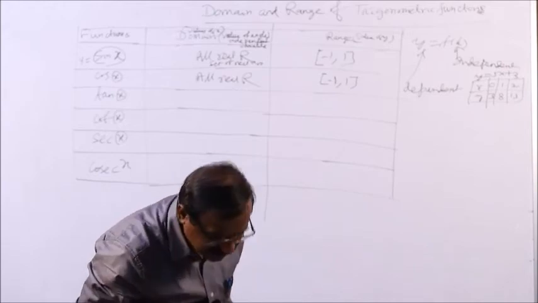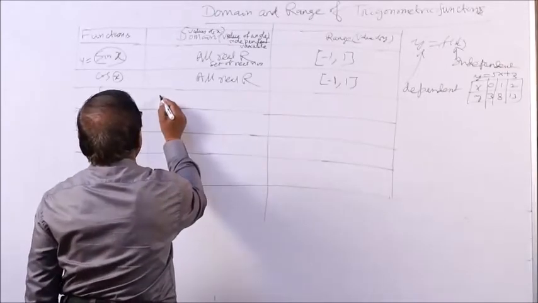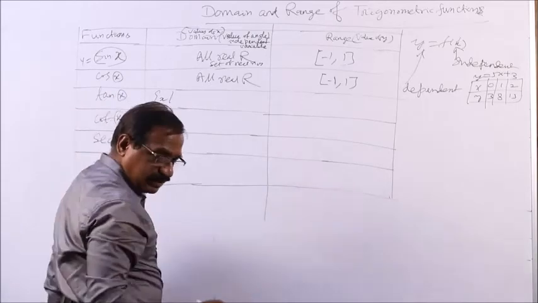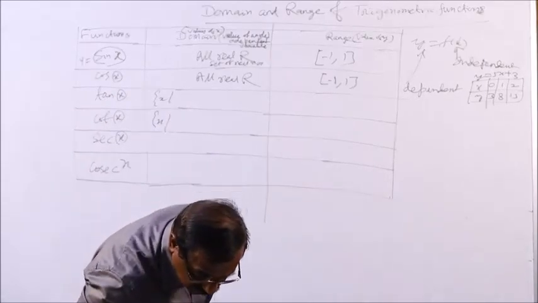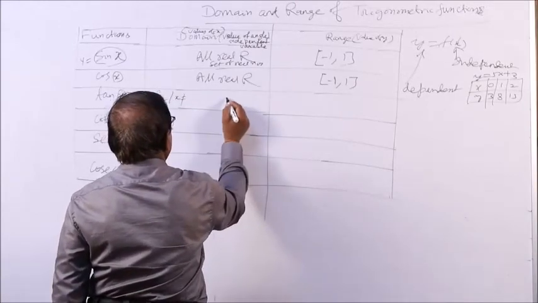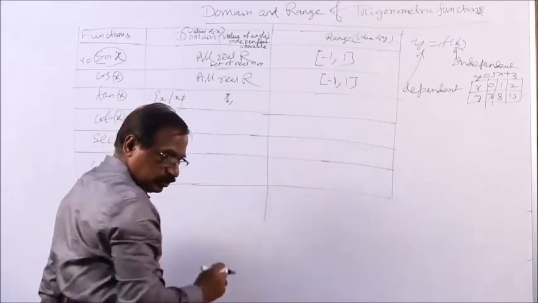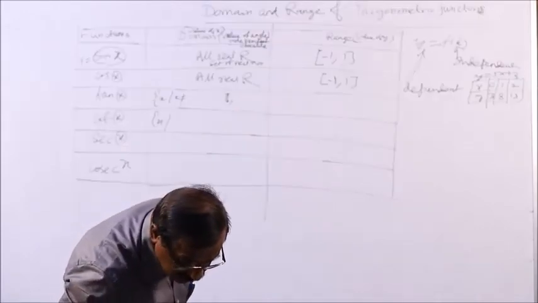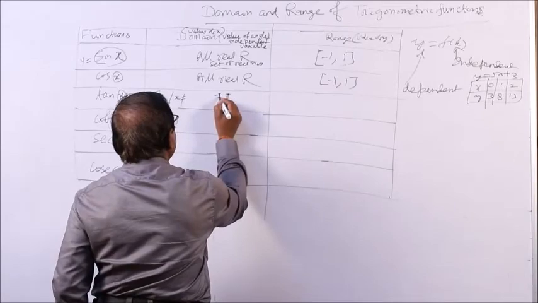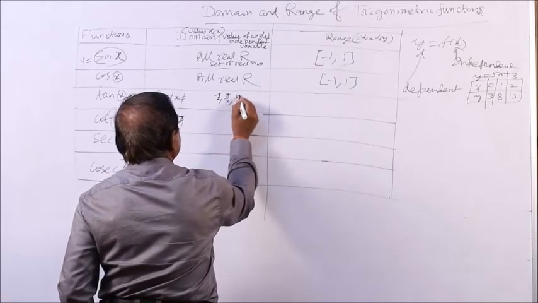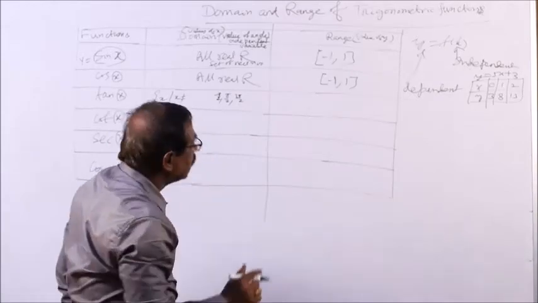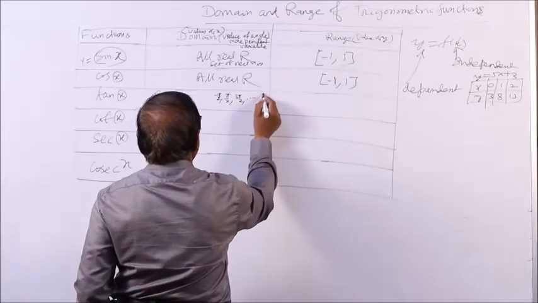And as far as tan is concerned, it is the set of all x such that x is not equal to pi by 2, because it will not exist, minus pi by 2, 3 pi by 2, 5 pi by 2 and so on.